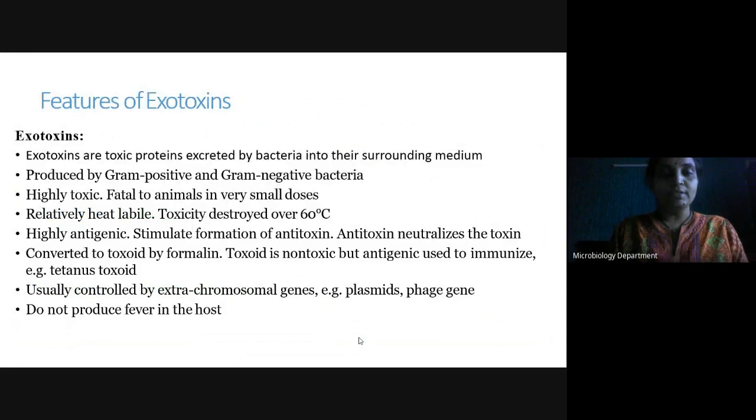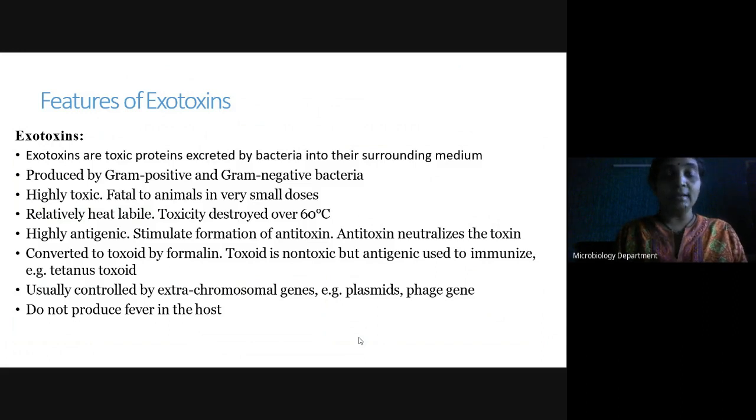Coming to the important features of exotoxins, exotoxins are toxic proteins excreted by bacteria into their surroundings and produced by both gram positive and gram negative bacteria. So both types of bacteria can release the exotoxins into the external environment, and these toxins are very toxic and even fatal to animals in very small doses.